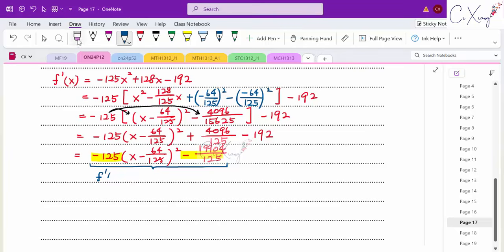So you can tell that this whole expression is always negative. And since we know that this is our f prime x, you can conclude that f prime x is smaller than 0, always negative. Therefore, the function f is a decreasing function.